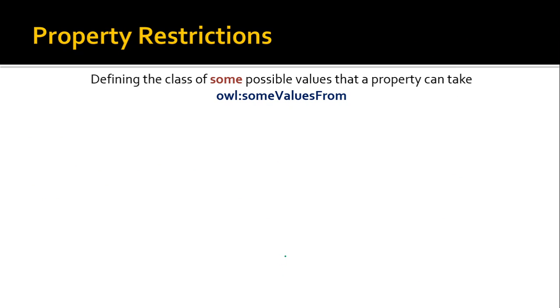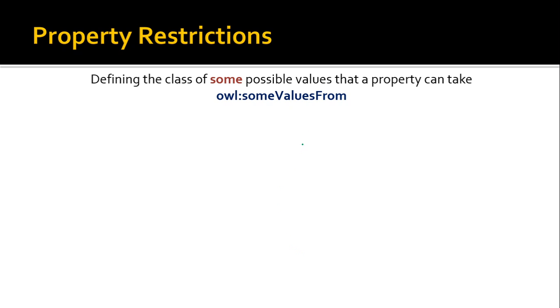Now, as we can restrict the object to all become the instances of a particular class, we can also say something like: it is not required that all of them belong to a particular class. If at least one of them belongs to a particular class, then that will do the job for us.